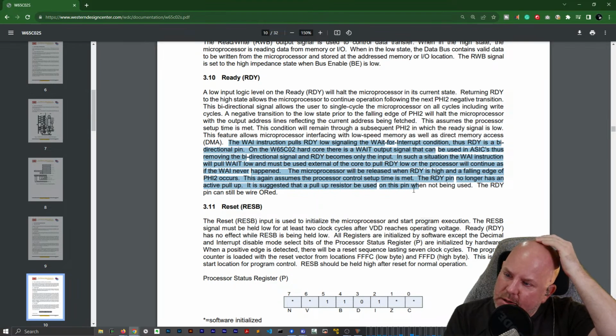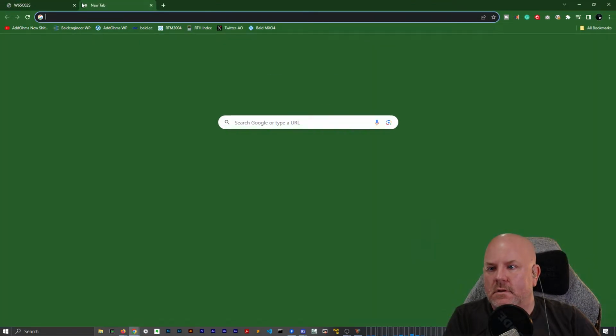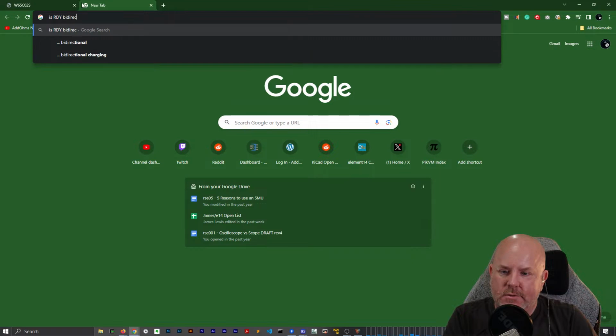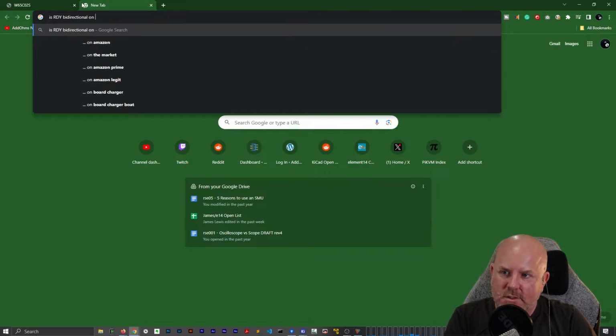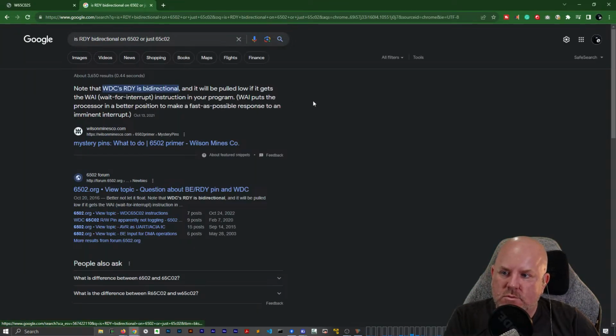Okay. Yeah, it's just because of the way that the Apple II, the rest of the schematic got laid out. Is ready bidirectional on anything other than the 6502, or just the 65C02?